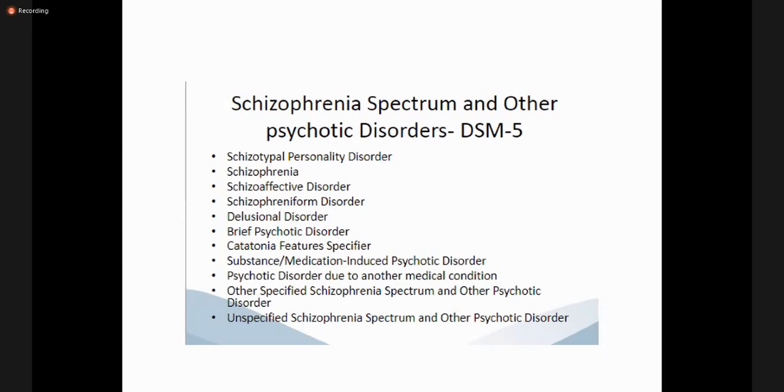It starts more from adolescence. There may be features during childhood as well, and it persists throughout life. Such people hardly ever present to the clinic because it's a disorder of the personality, except if they have a psychotic episode. Schizophrenia is the main psychotic disorder which we usually get in our practice.